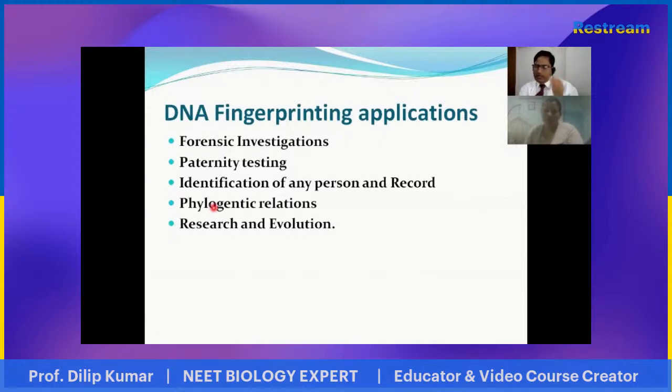And phylogenetic relations can also be studied on the basis of DNA profiling, because the DNA of unicellular animals and multicellular animals have not any change. All the nitrogenous bases, adenine, guanine, cytosine, thymine, right?